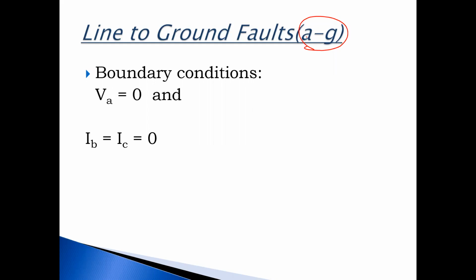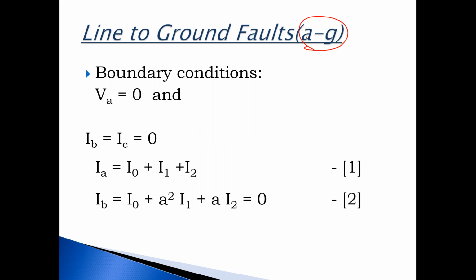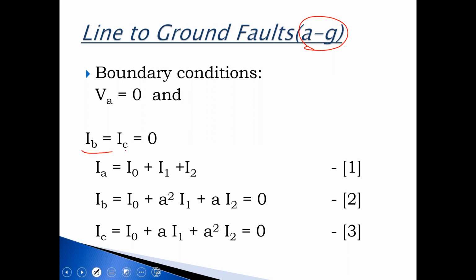So how do we use this information in terms of our analysis? So we remember these equations, all right? Of course, we had not specified that IB and IC are equal to 0, but based on the boundary conditions, remember, we are talking about the conditions that must exist during this fault.